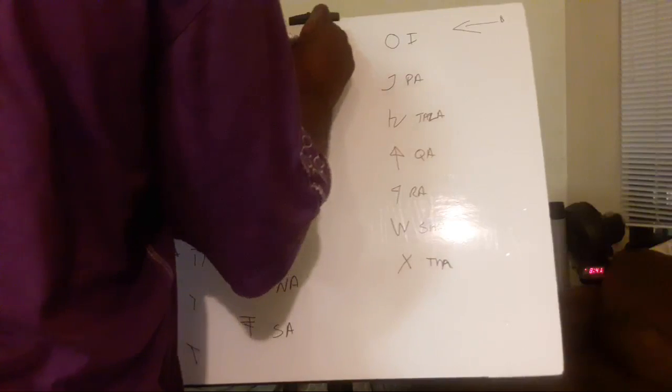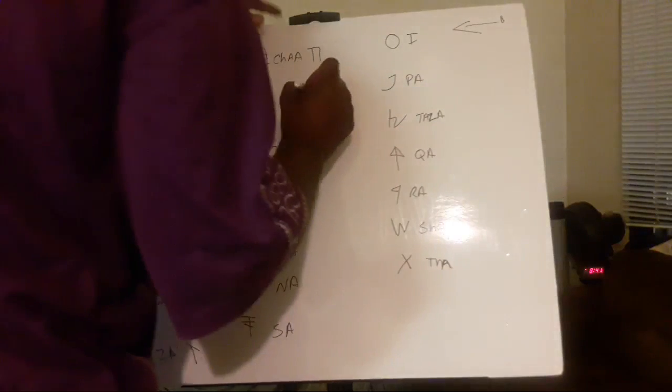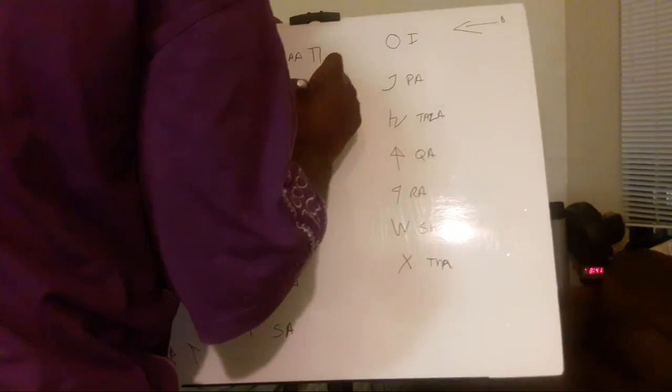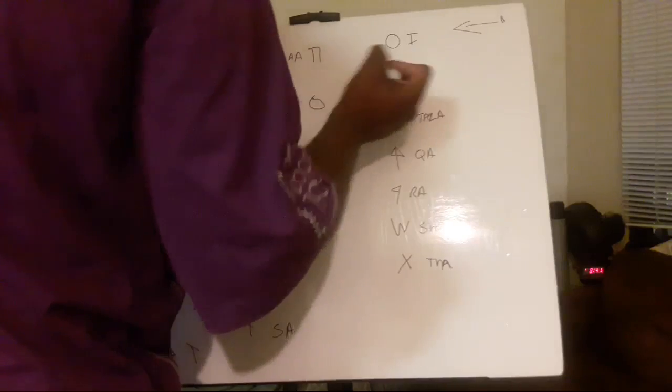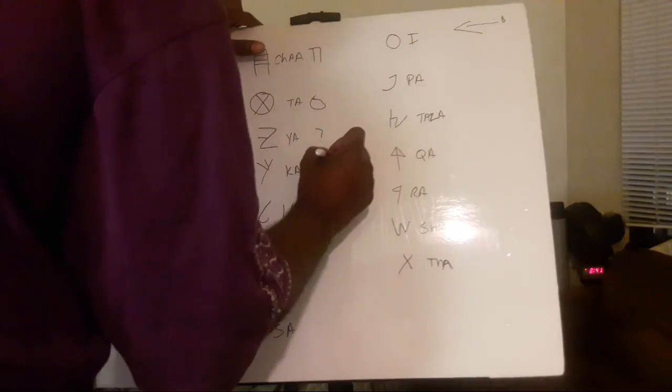And a lot of these characters in the Yiddish, yes, they kind of look the same, but hey, that's Esau for you. Ta, ya, ka, and that's another thing about the Yiddish.